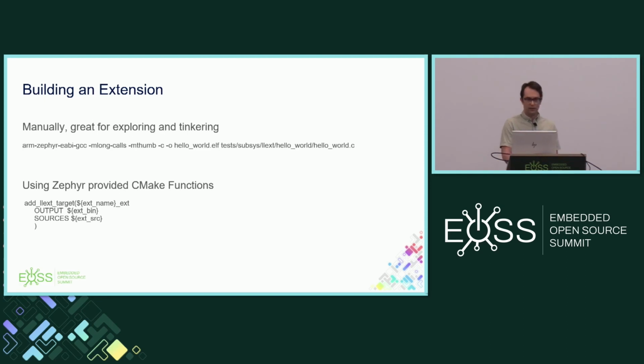But since then, Luca has done a great job adding some CMake functions that make all of this very simple. It looks pretty much just like adding a library target in Zephyr, and you can give it a name, sources, output, easy.